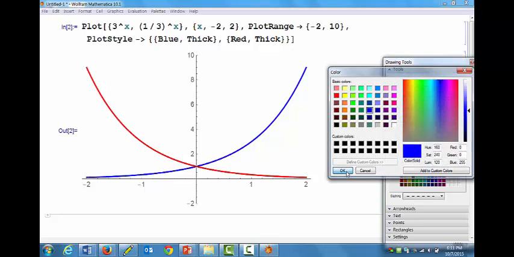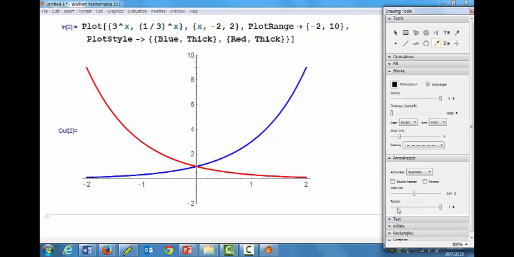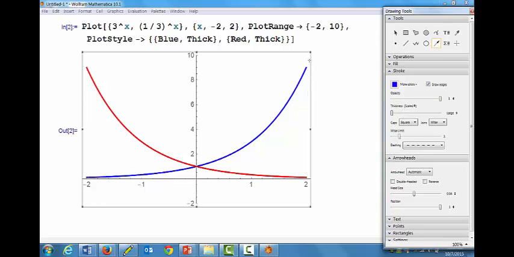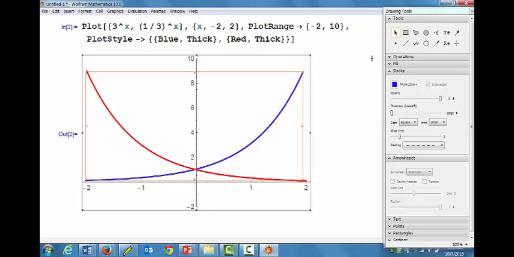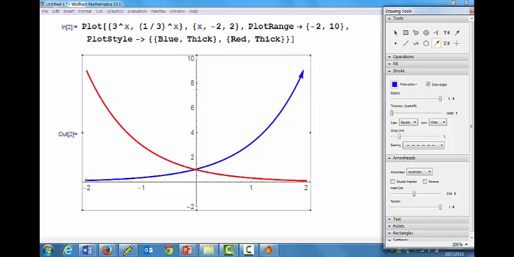I went to Graphics, Drawing Tools, and I'm going to put arrows on these two graphs. So I'm going to Strokes and change the color. And I'm going to select the arrow tool, and I'm going to put an arrow on the tip of f. There it is. I'll move that in place, and I'll put an arrow at the lower end of the graph also.